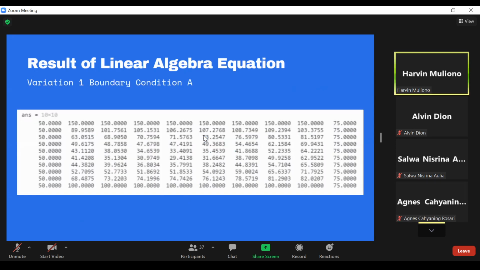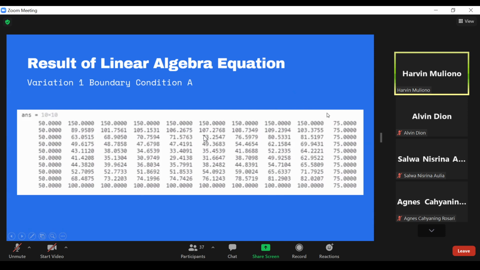I will continue the presentation. So we have the first temperature distribution for the first variation, which is the temperature boundary condition variation. We can see that on the left side we have 50 degrees Celsius, the right side 75 degrees Celsius, and the bottom and upper sides 100 and 150 degrees Celsius.